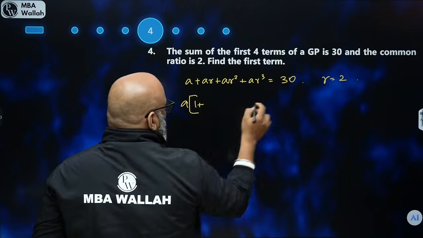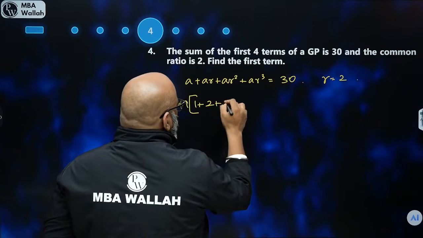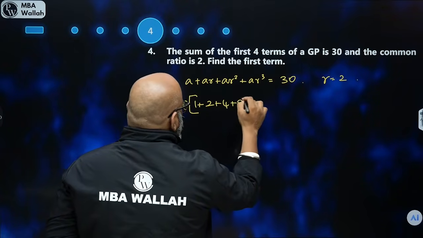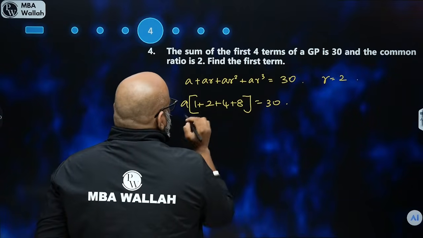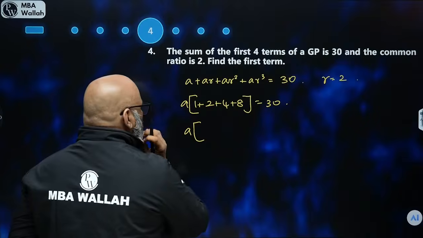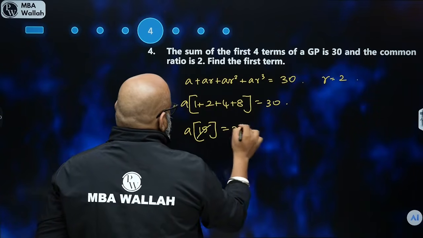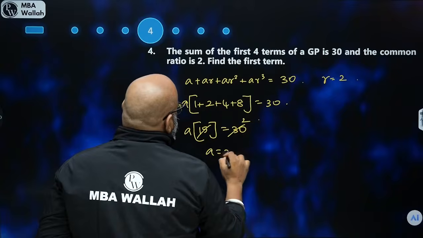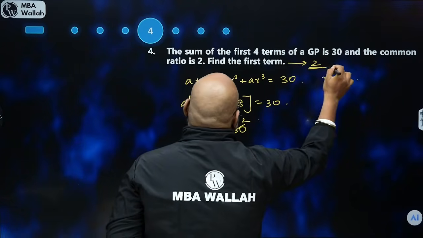A into 1 plus 2 plus R square will be 4, R cube will be 8 is equal to 30. A into 1 plus 2 plus 4 is 7 plus 8 is 15 is equal to 30. A is equal to 2. So the first term is 2. That's all.